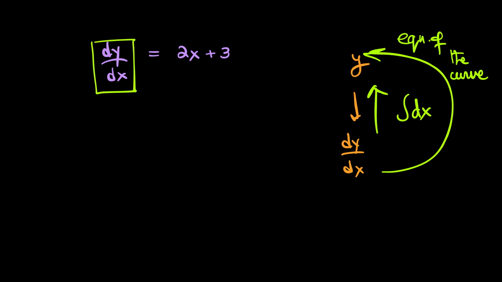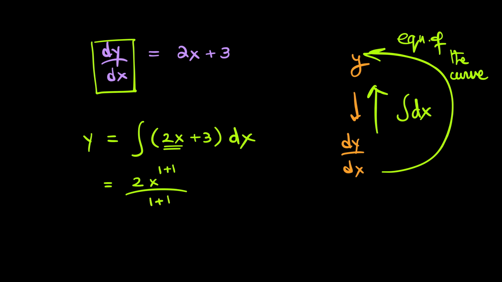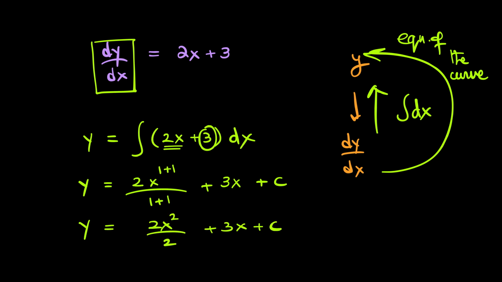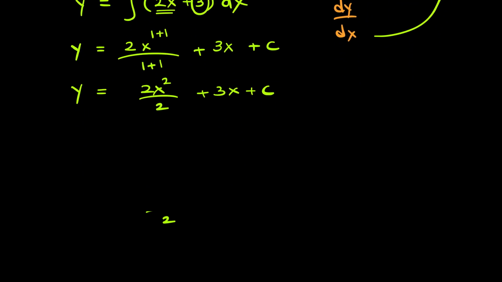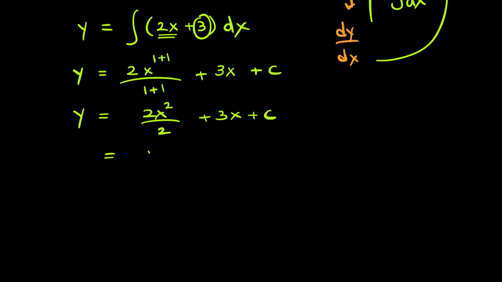Instead of dy by dx, we will write y and we will integrate 2x plus 3 dx. Therefore, integrate 2x, that is 2 as it is, the power of x is increased by 1, divide by the new power. The 3 becomes 3x plus a constant of integration c. Therefore, it simplifies to 2x squared over 2 plus 3x plus c, which can be further simplified and written as x squared plus 3x plus c.